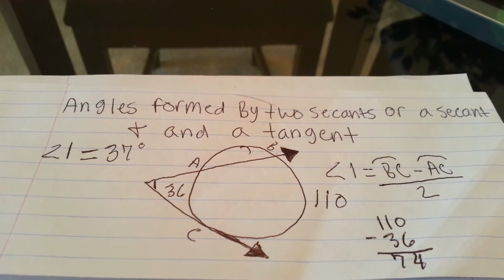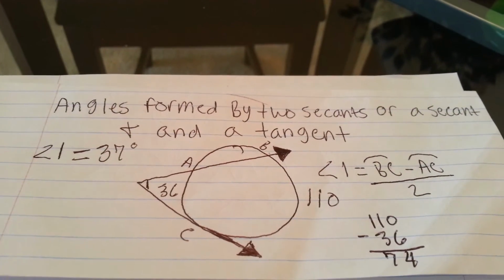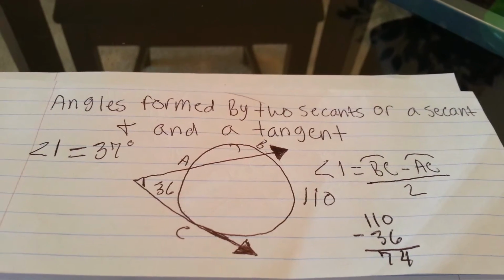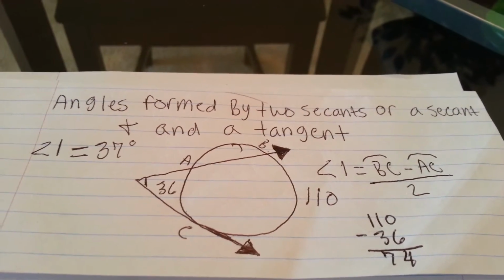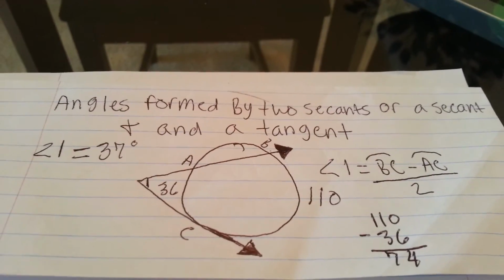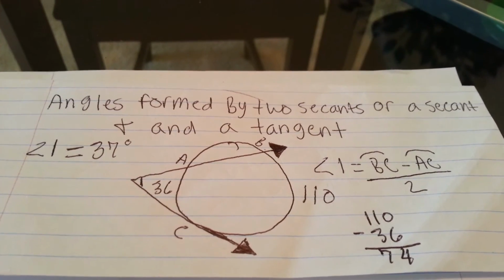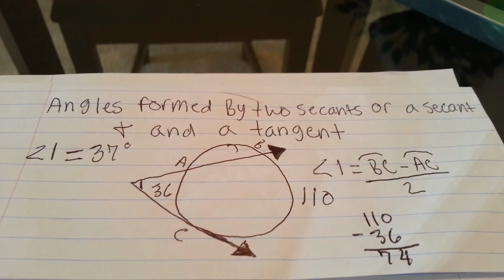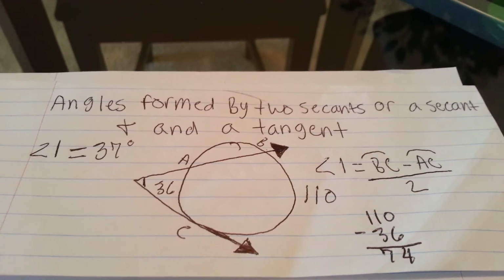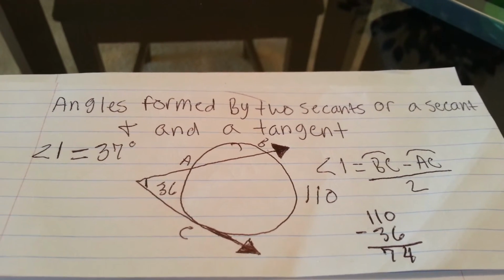Now what you need to do is take 74 and divide that by 2 to make sure you get the correct answer. And therefore the answer is 37 degrees for angle 1.